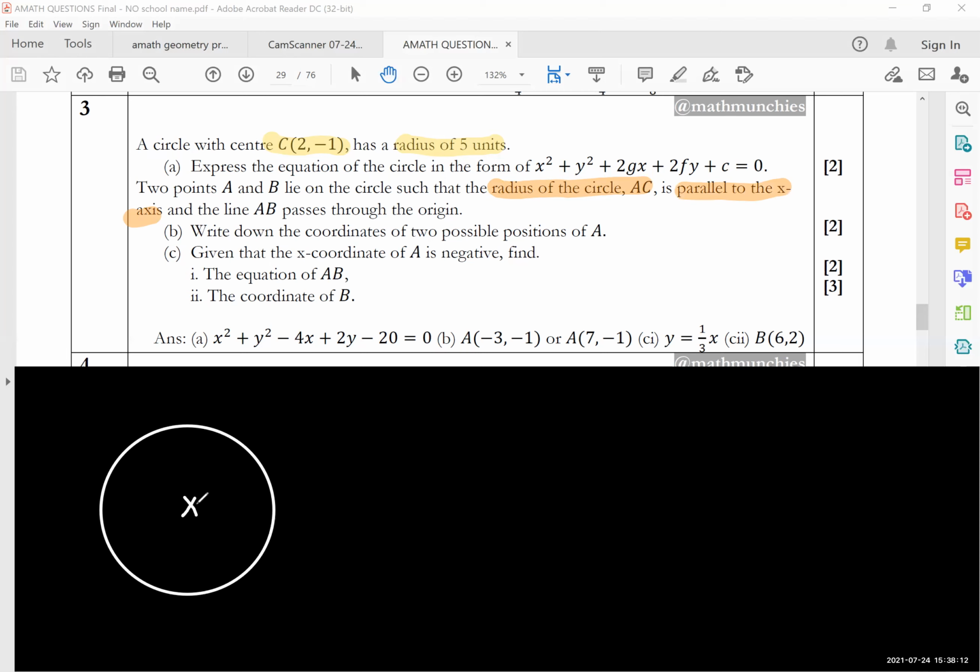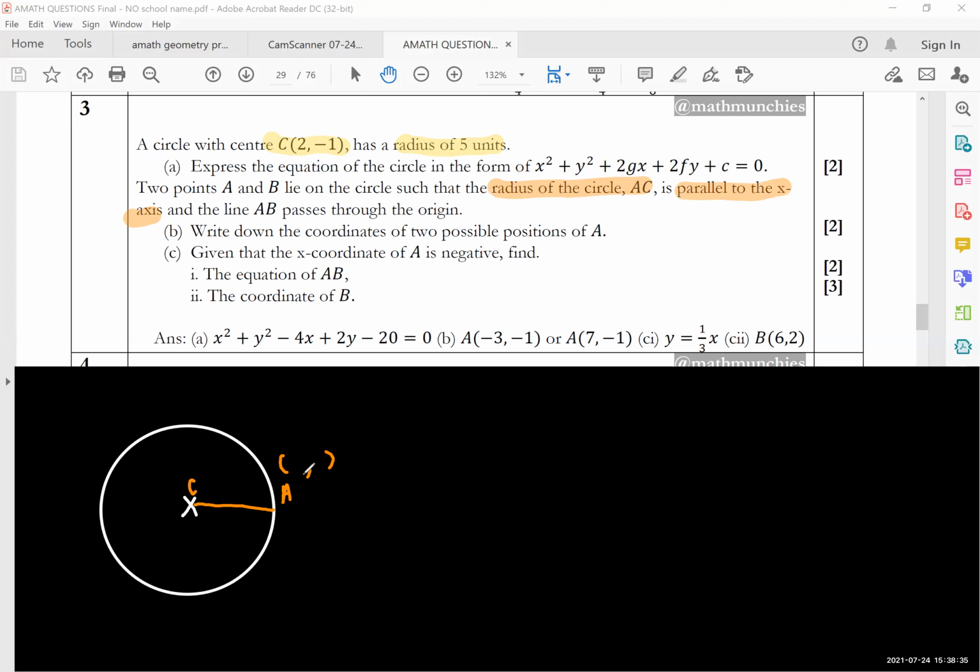So I know that AC, this is C and this is A, is parallel to the x-axis, right? The moment they tell me it's parallel to the x-axis, I know something already. What do I know? Is the extreme right or left? Correct. And what else do I know?